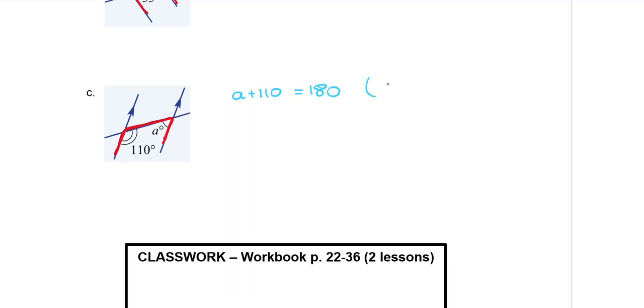The reason is because co-interior, which we shorten to co-int, co-interior angles equal 180. I still have to solve this equation, so I need to minus the 110 from both sides, and that will give me A is equal to 180 minus 110, which is 70 degrees.